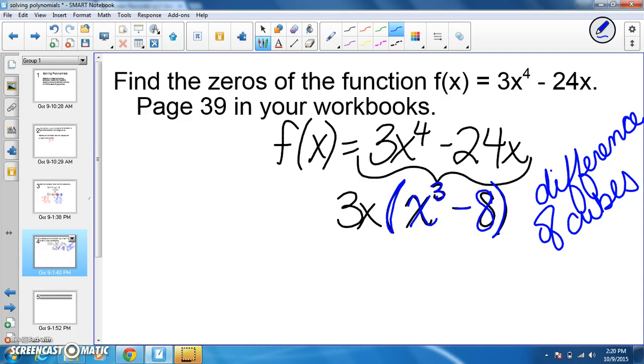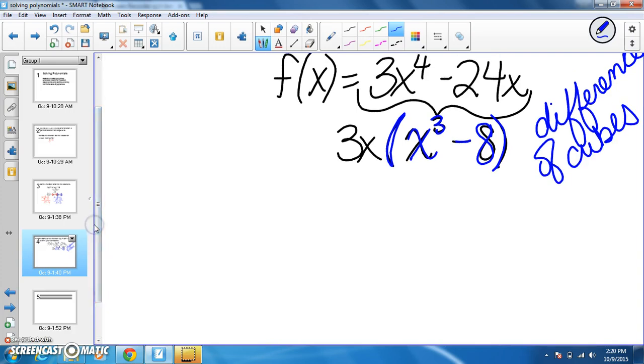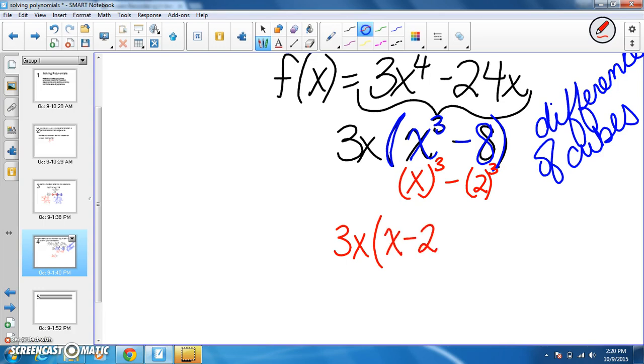So since we have a difference of cubes, we're going to factor that. We have x being cubed minus 2 being cubed. So I'm going to put that into my rule, bring down my GCF. So 3x times x minus 2 times x squared plus 2x plus 2 squared, which would be 4.